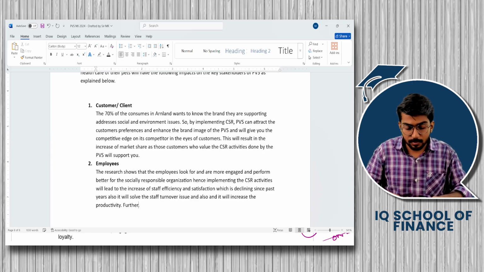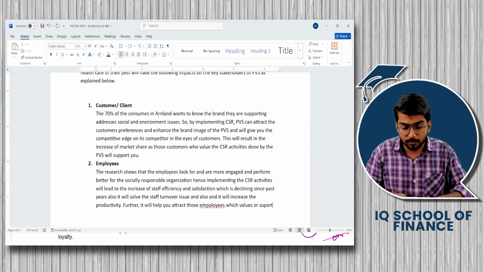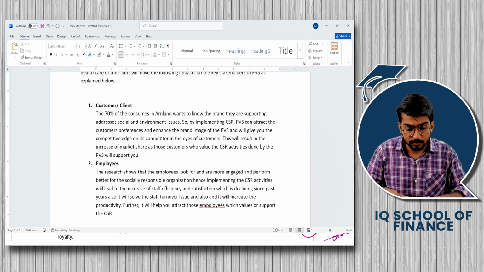Further, it will help you attract those employees who value or support the CSR activities and such activities. Fine.